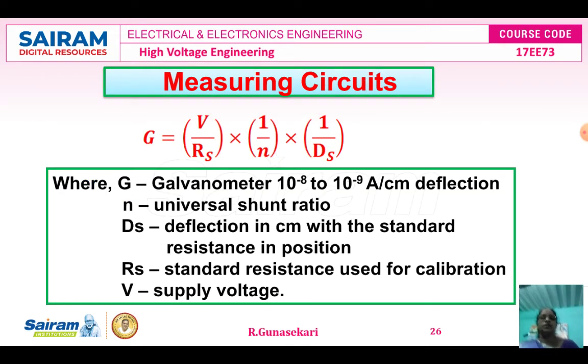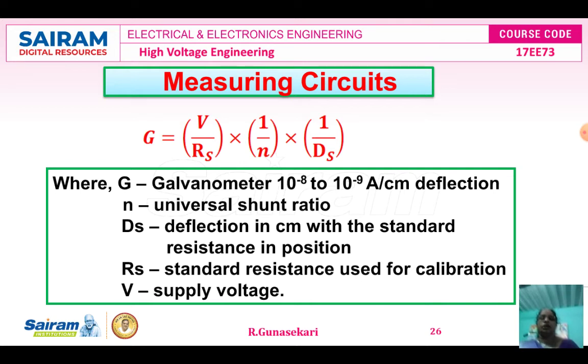From these measuring circuits, you measure the galvanometer sensitivity. G is equal to V divided by Rs, into 1 divided by N, into 1 divided by ds. In this formula, G represents the galvanometer sensitivity, that is 10 to the power minus 8 to 10 to the power minus 9 ampere per centimeter deflection.